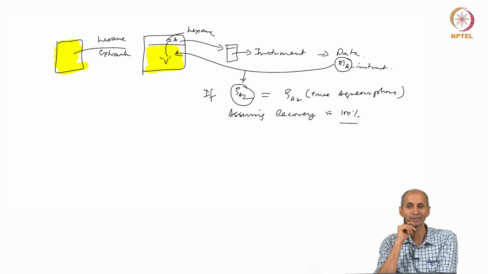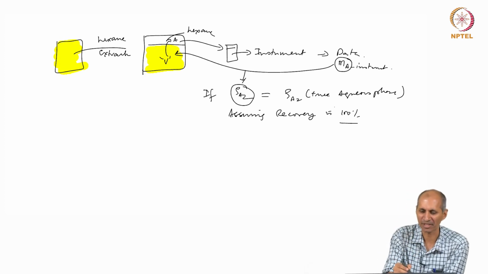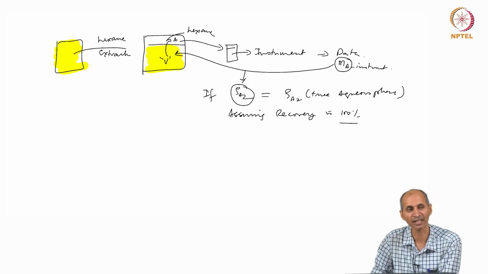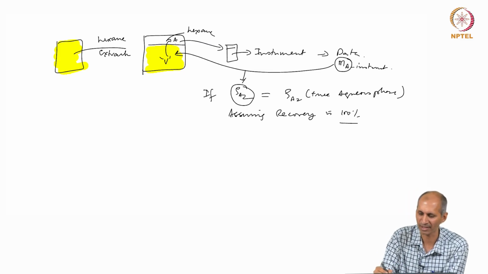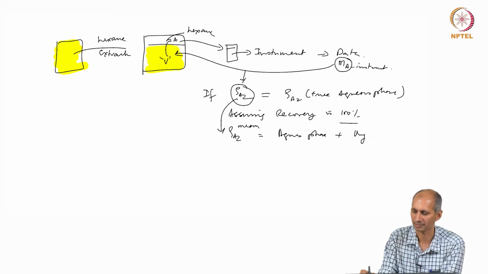The organic phase. What does the organic part do? It also has some concentration. So, what you are measuring is the hexane, you are extracting everything. This rho A2 measured includes the aqueous phase plus the organic phase.